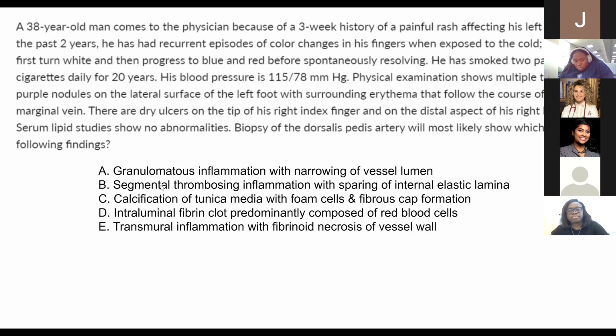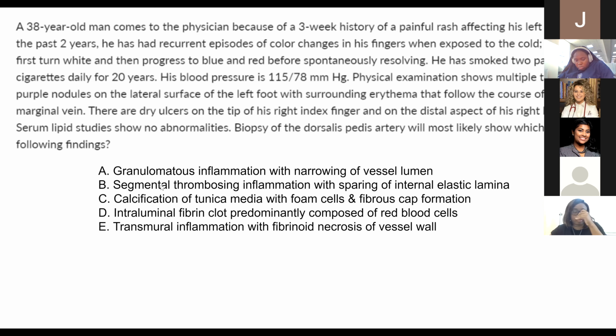Like why you can't feel the brachial and radial, not tibial. Wow, okay, really, my brain's going off right now. That's why you're having the pulseless disease, because you can't feel the pulse, right? So that's granulomatous inflammation narrowing of the vessel lumen. That is Takayasu, right? Takayasu doesn't present like the question vignette.